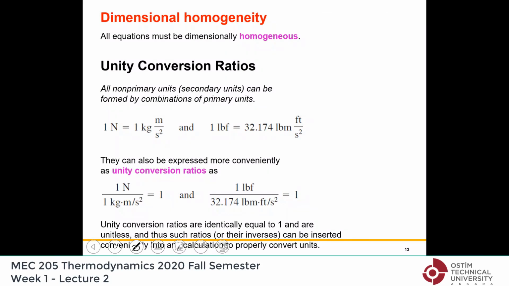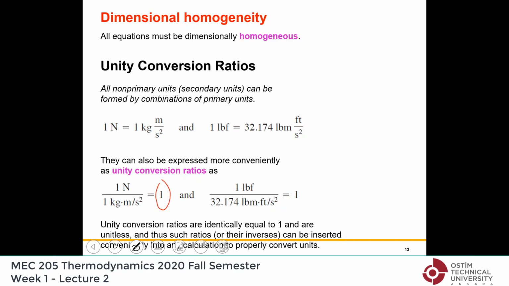In an equation, it is important to have dimensional homogeneity. That is, in an equation, every single term must have the same unit. Otherwise, that equation is not valid. And also keep in mind that you can always multiply terms by 1.